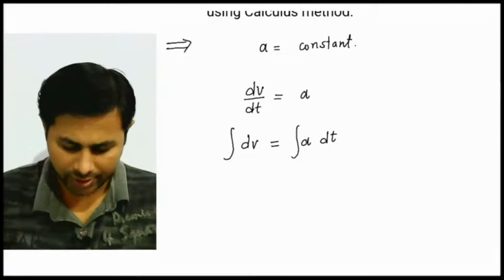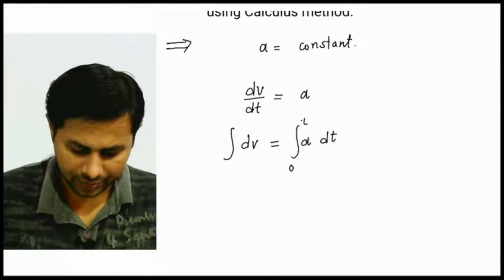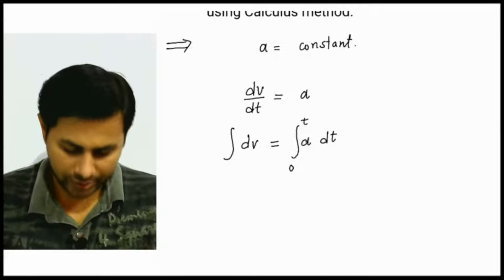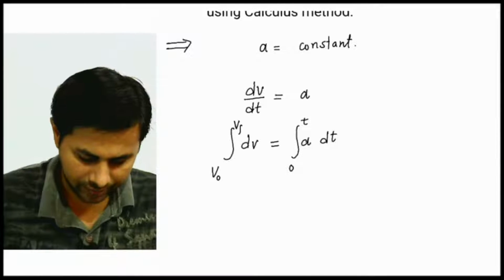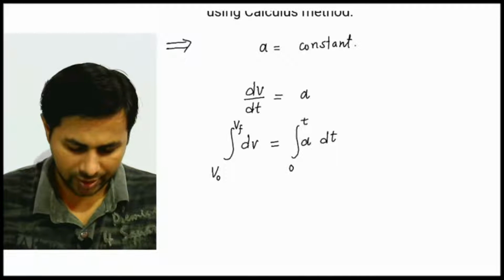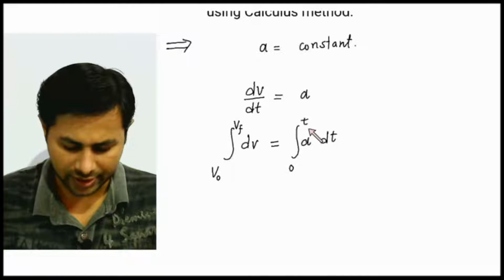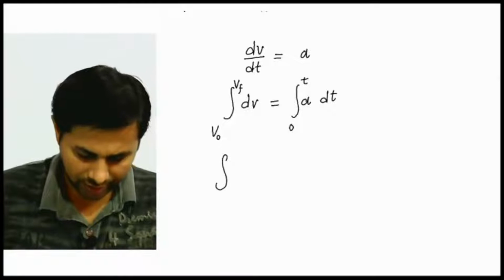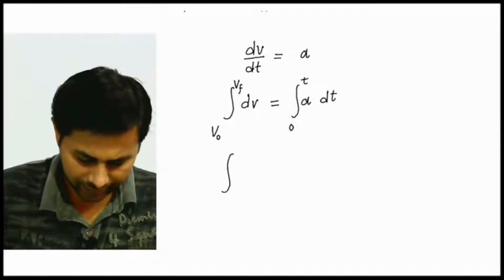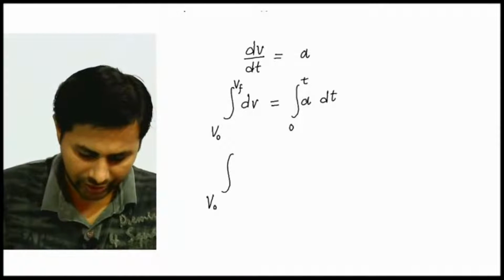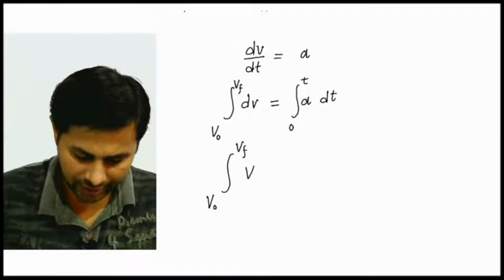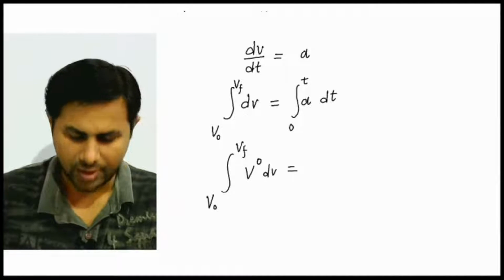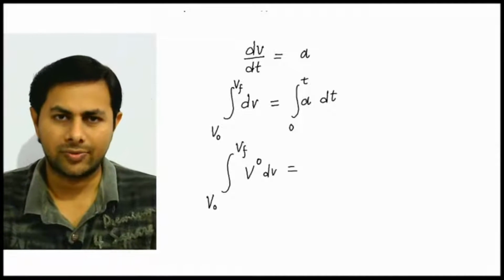So as time goes from 0 to t, suppose the velocity goes from v naught to vf. Okay, so these are lower and upper limits for velocity and time. So here I can say it is integral from v naught to vf of dv can be written as integral of v raised to 0 dv, because anything raised to 0 is 1.